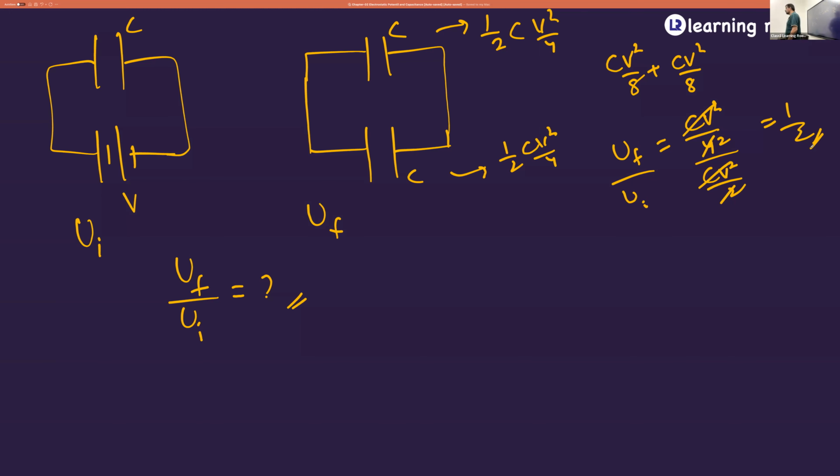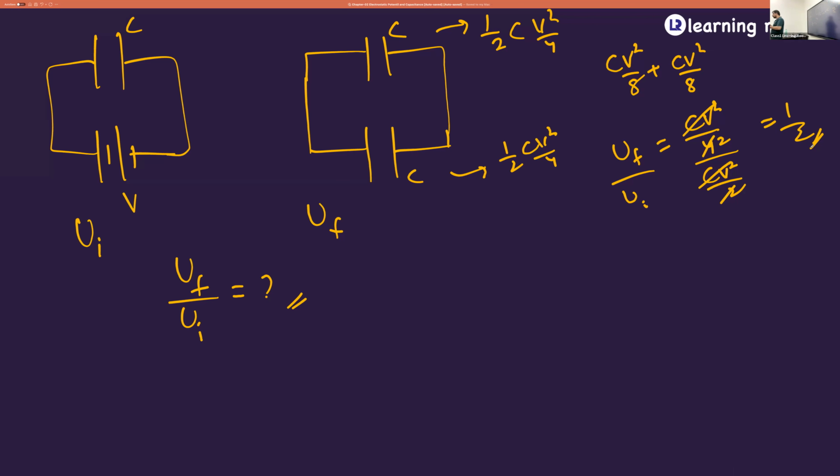Check. That was the last problem we did in yesterday's class. The 600 picofarad one. You got the answer as 6 and 3. So every time it becomes half. So the final energy of the system will always decrease by 50%.